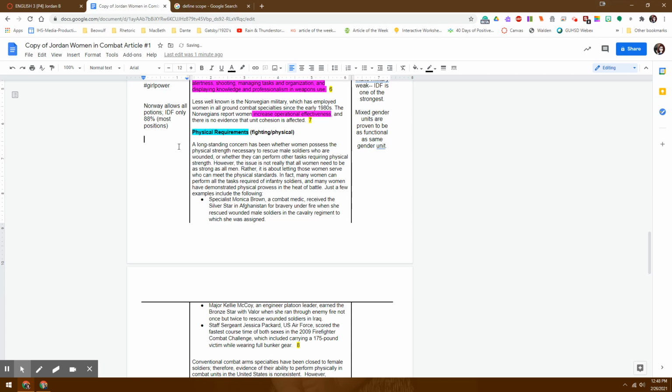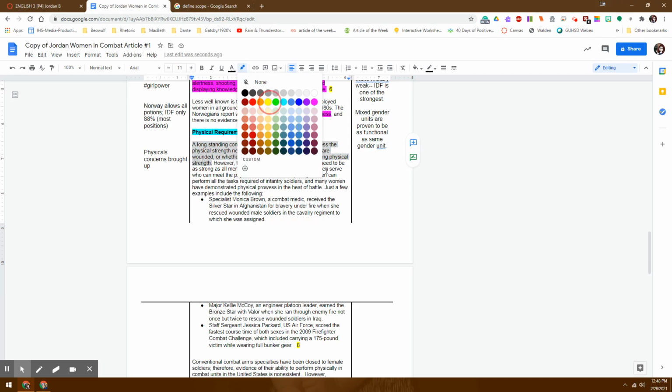So I'm going to start thinking, we have these physical concerns brought up. So this is valid. But we do want to say that it may not necessarily matter. So I'm actually going to highlight this part right here, where we're talking about, are women strong enough? And I'm going to highlight that in our yellow.